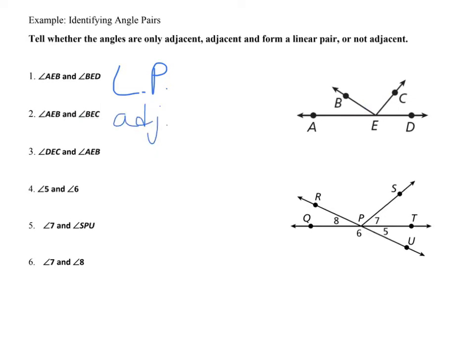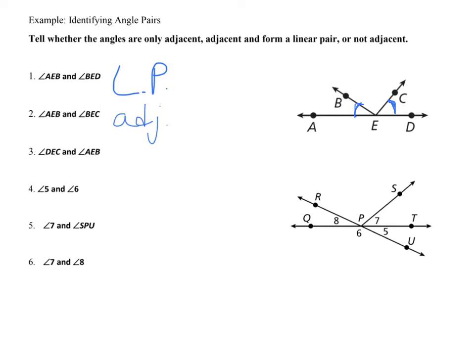Alright, so now the last pair they want us to do is DEC, so from D to E to C is this angle, and AEB, so from A to E to B is this angle. Now, those angles do share the point E, so that might confuse people into thinking that they're adjacent because they're using one of the same points, but they do not share a specific ray.